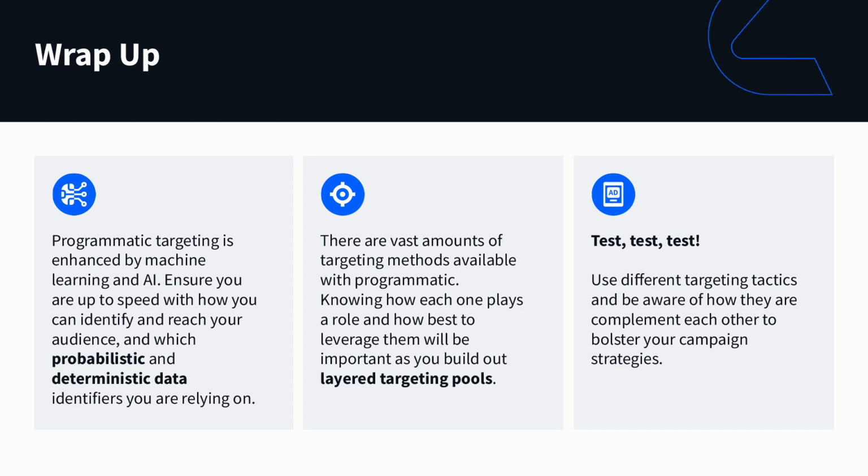To wrap this webinar up, we'd like to highlight some points that we covered, specifically that programmatic targeting is enhanced by machine learning and AI. So if you're using a platform, make sure that that is embedded within the foundation of that platform, similar to StackAdapt, because it really helps optimize your campaigns over time and do a lot of the smart thinking for you. Ensure that you are up to speed with how you can identify and reach your audience.